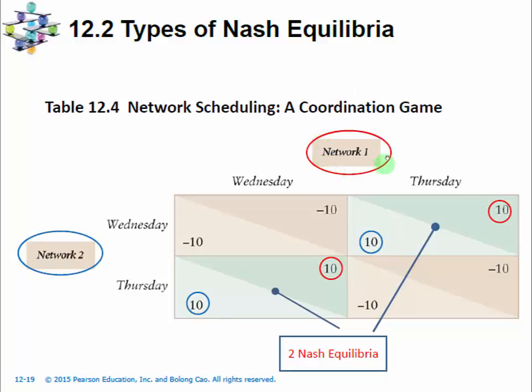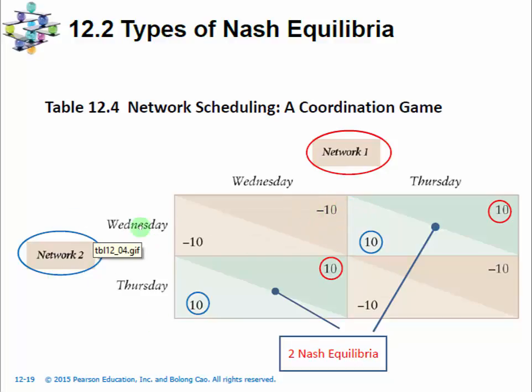Before we try to find out the solutions or Nash equilibria in the game, let me explain my color scheme. So I have one red circle on network 1, so that's the player 1's color for their strategy choice. And network 1 will pick the best response for network 2's strategies.